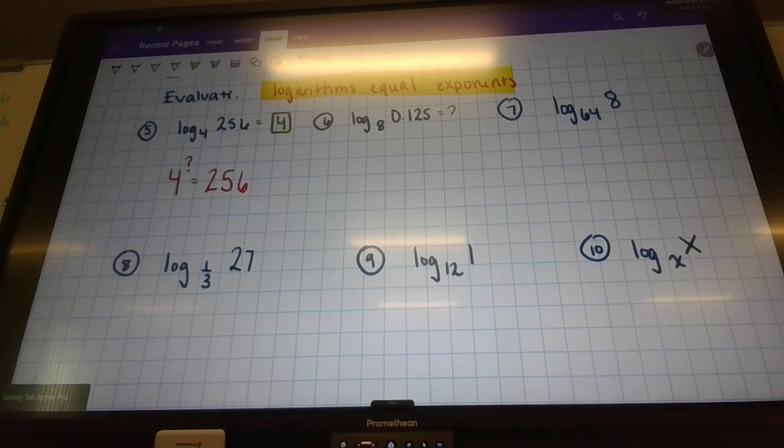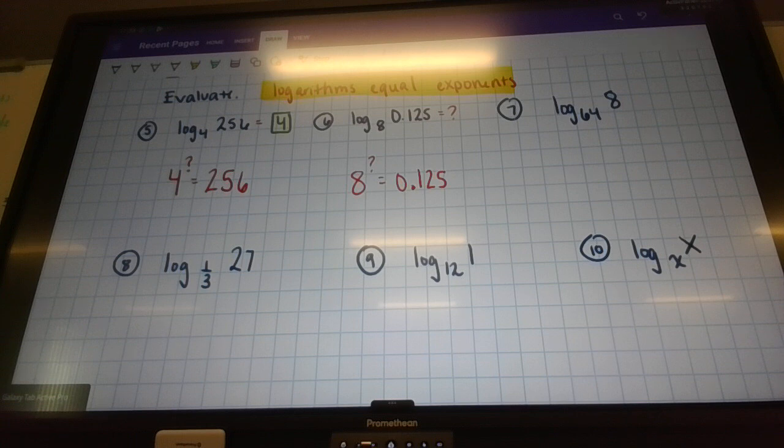Put a question mark. 8 to what power is 0.125? If you have a decimal, you want to think of fraction exponents. No, I'm at negative exponents. Negative exponents can make fractions into whole numbers and whole numbers into decimals or fractions.